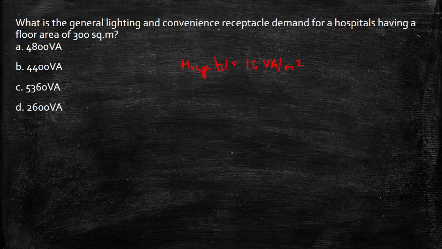Okay, so try po natin i-solve to, no? So the floor area now, yung area natin is equal to 300 square meter, no? So para makuha yung demand load niya, so we have 16 volt ampere per square meter times 300 square meter.